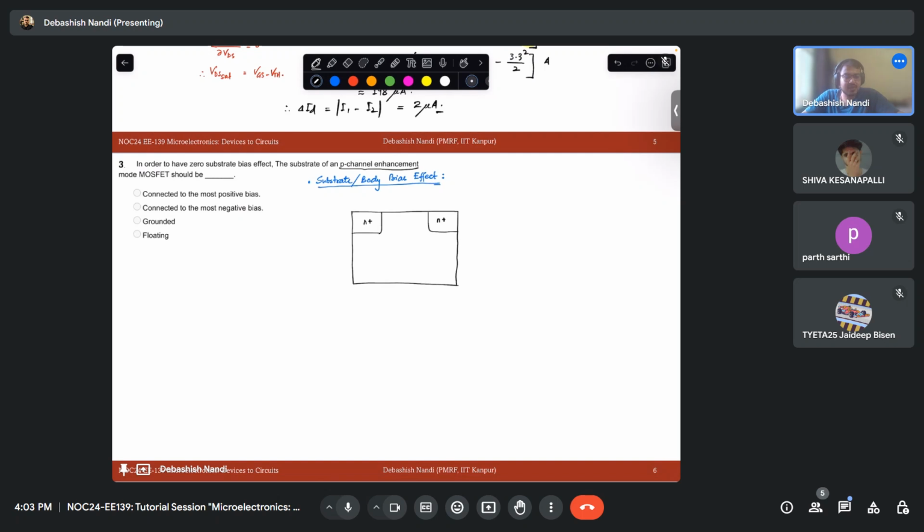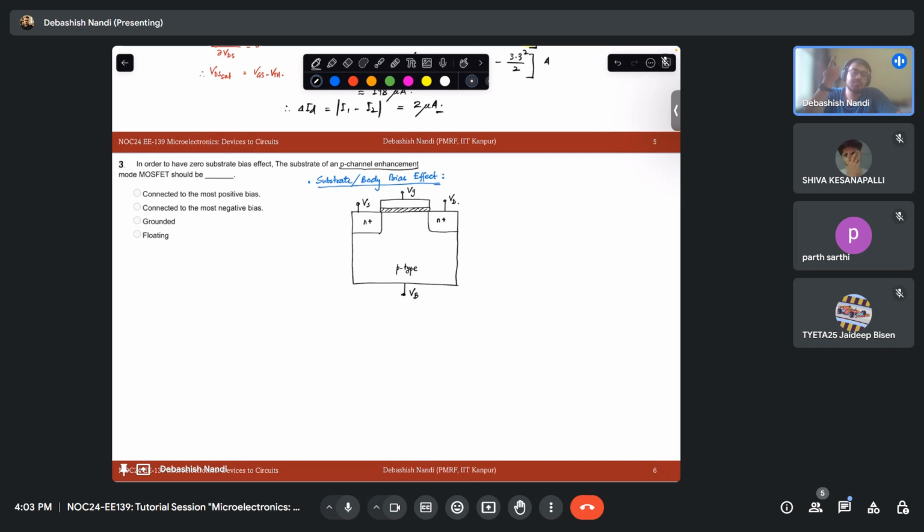Let us start our discussion with the N-channel MOSFET. This is your VB. This is your VG. This is VS. This is VD. So can you tell me what is substrate effect?